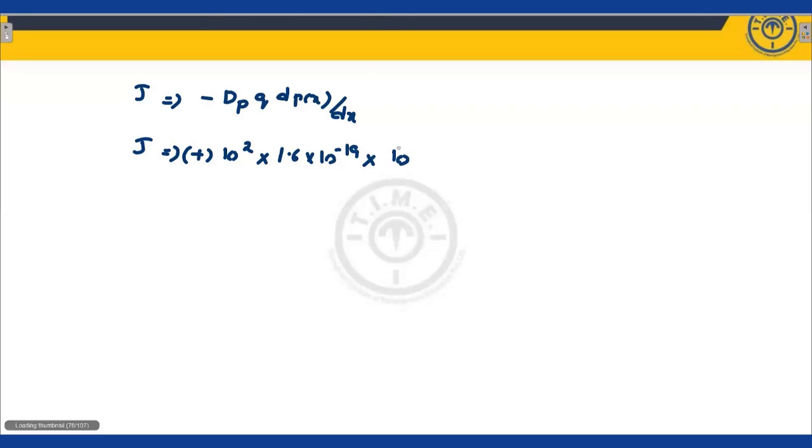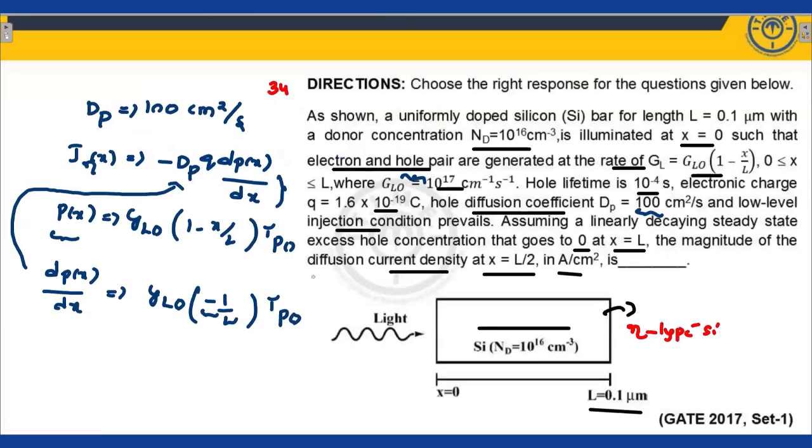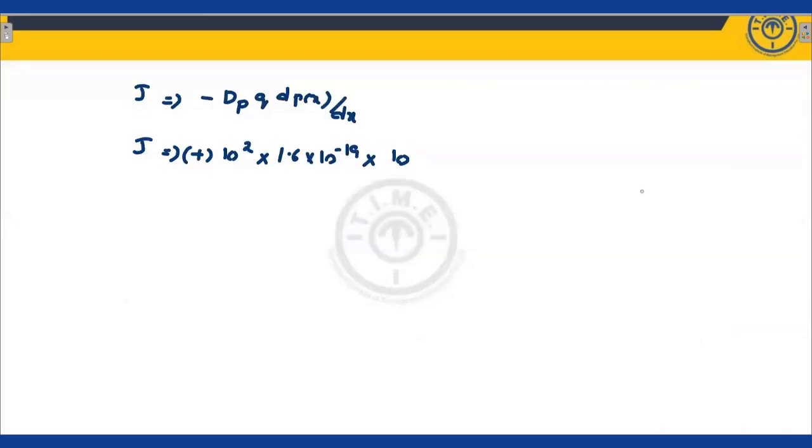See here, this value, tau PO. What is the tau PO value? See here the values you are using, my dear students. This value you are getting is 10 power 13 into 1 by L.